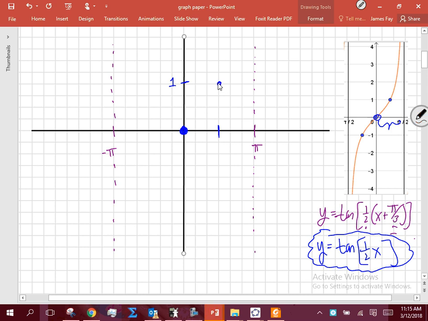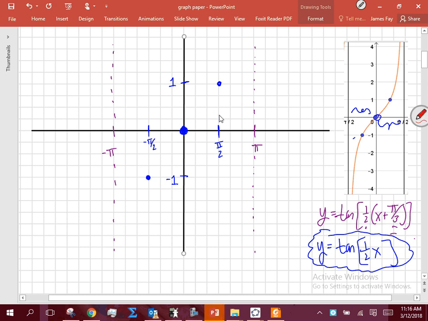I should reach a height of 1. And then halfway in between that interval, we reached a height of -1, so I should get the same thing. Reach a height of -1. Okay? So those are the key points and asymptotes for tangent 1/2 x. Okay? Now, it's probably a good idea to at least have, that's pi over 2. This would be negative pi over 2, right? Okay.